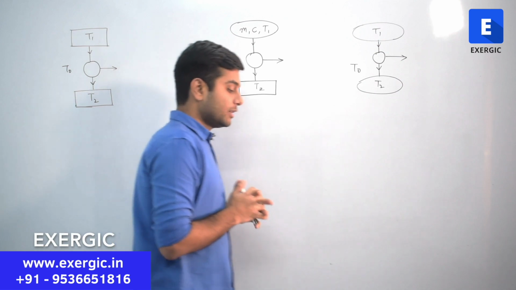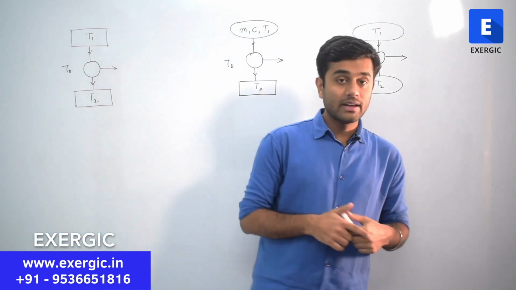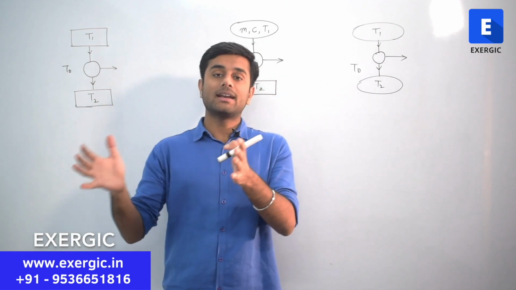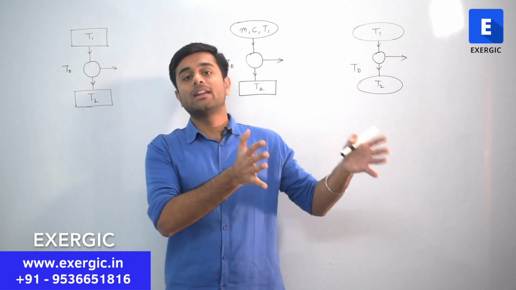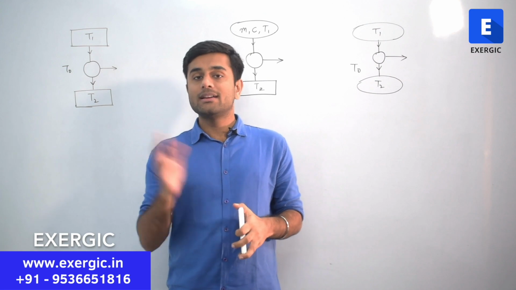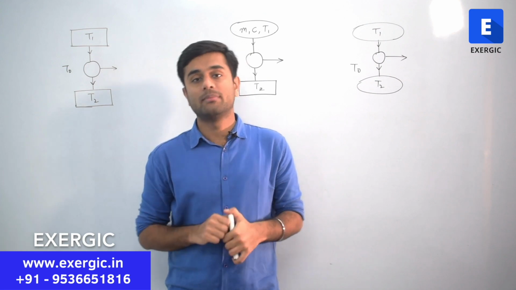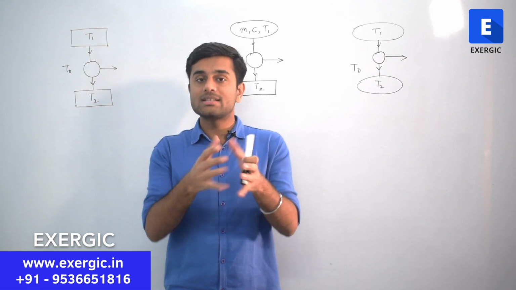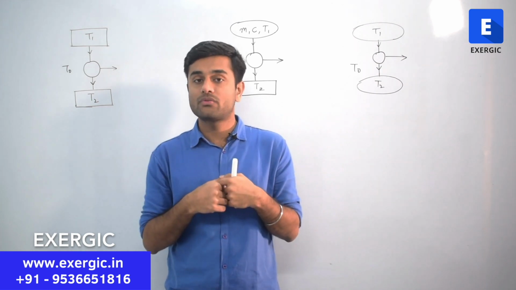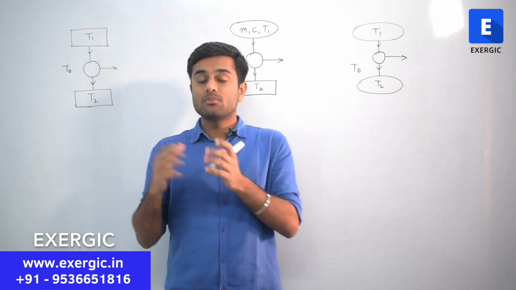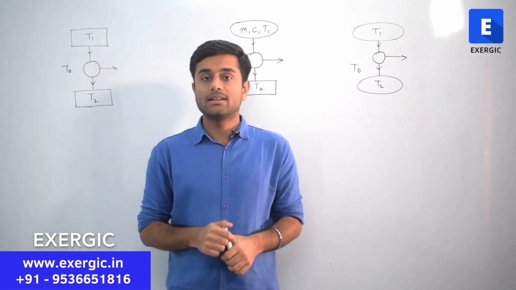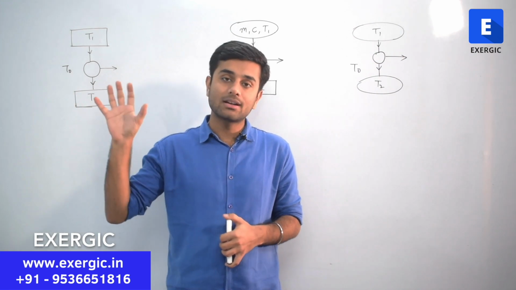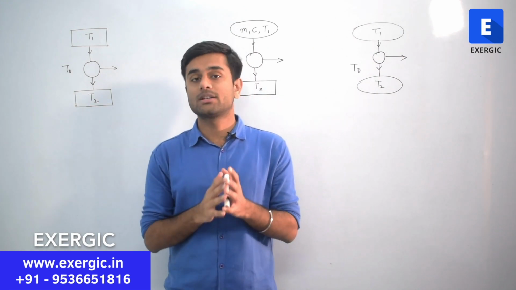Consider this case as if you have a very large room, which is connected to another very large room, and there is some heat transfer going on between them, and these 2 rooms are present obviously in the environment, in the atmosphere around them. Since both the rooms are very large and the atmosphere around is also very large, we can consider all of them to be thermal reservoirs.